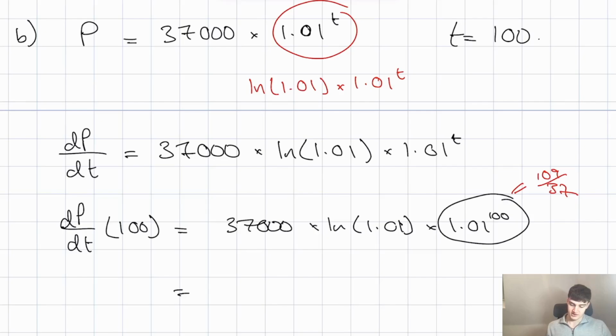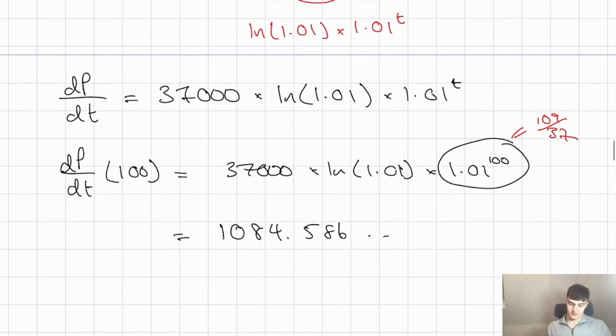So if we put that in a calculator, 37,000 times the natural log of 1.01 times 109 over 37. That gives me 1084.586. So to three significant figures, it's going to give me 1090.